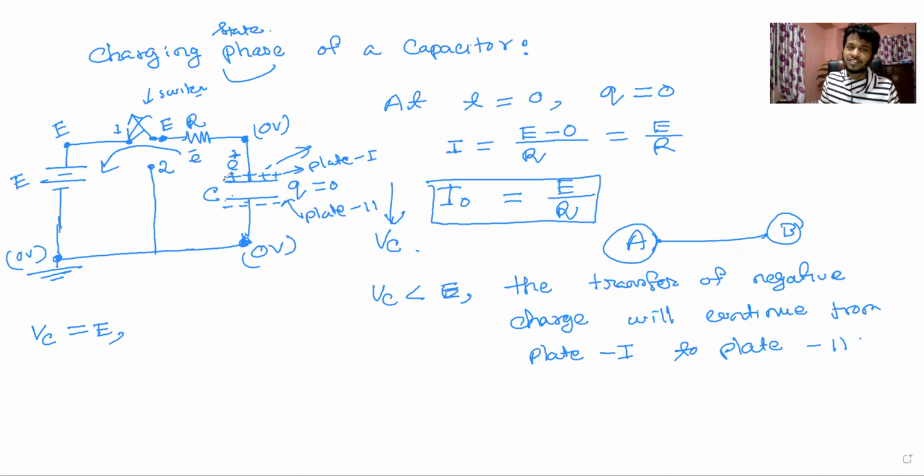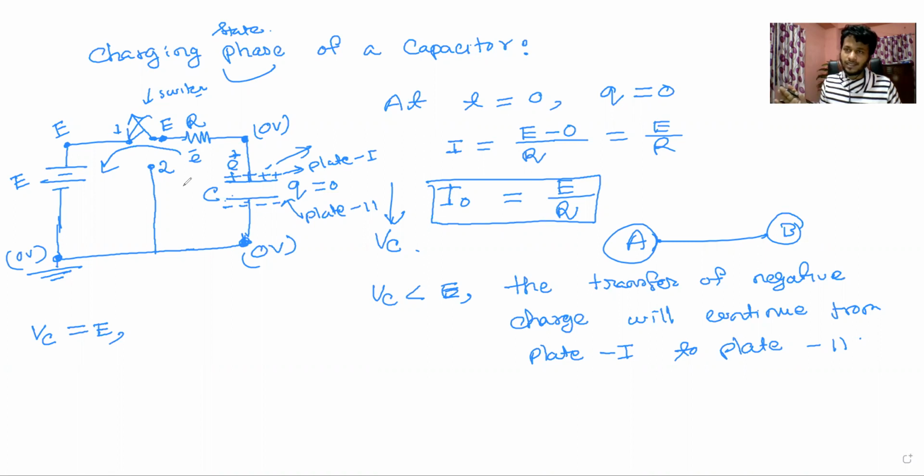Will the charge move from plate 1 to plate 2? No, of course not, right? Because the charge then cannot move from this place to this place, because both are at equal potential. I hope everything is clear to you, right?